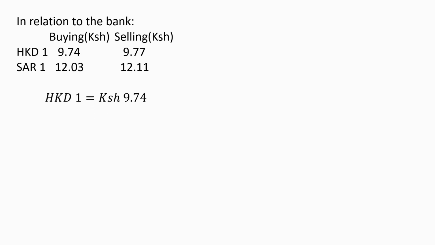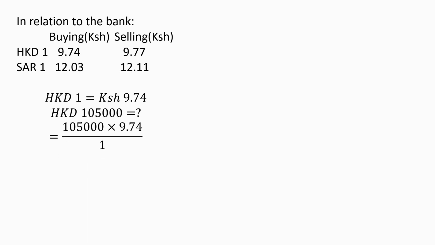So we need to know how much she was given in Kenya shillings. So what about 105,000 Hong Kong dollars? We cross multiply, we have 105,000 times 9.74 divided by 1, and we obtain 1,022,700.